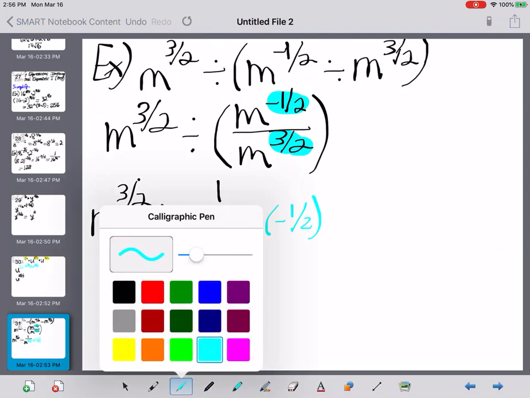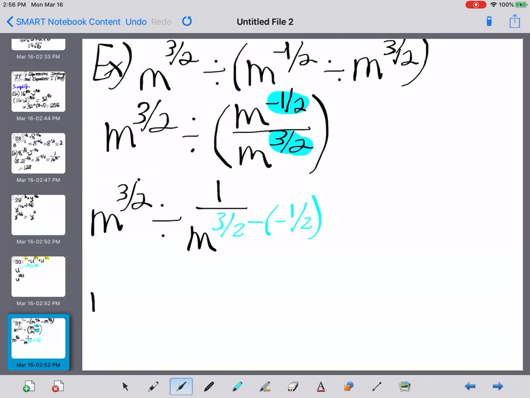Kind of crazy, ain't it? So that's going to be m to the 3/2. I'm still not doing anything there. Divided by 1 over m to the 3/2 minus negative 1/2. That means 3/2 plus 1/2, which is 4/2. So m to the 4/2.